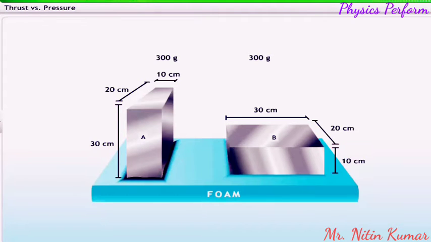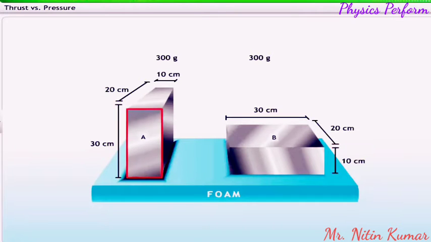Considering that both the blocks have the same length, breadth, height, and weight, why do you think we see this difference in the compression of foam? This difference can be attributed to the difference in pressure exerted by each block.